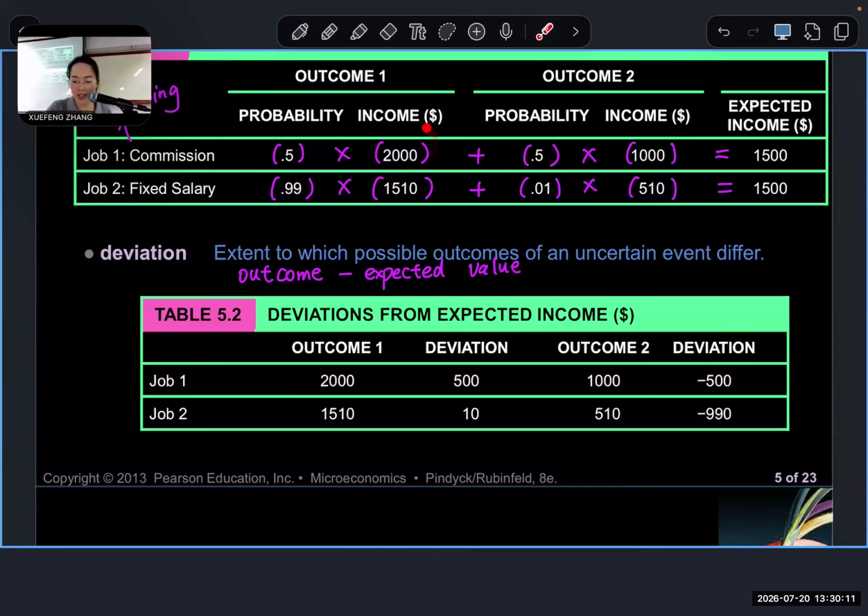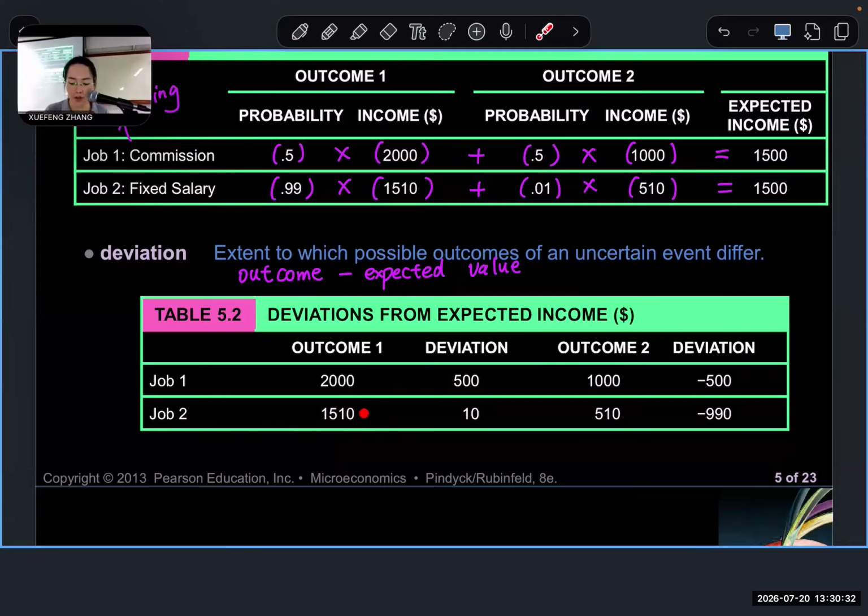Right, so here you use 2,000 minus 1,500. So you got positive 500. And then the same, you use 1,000 minus the expected value, you got negative 500. Okay, so this is the deviation.